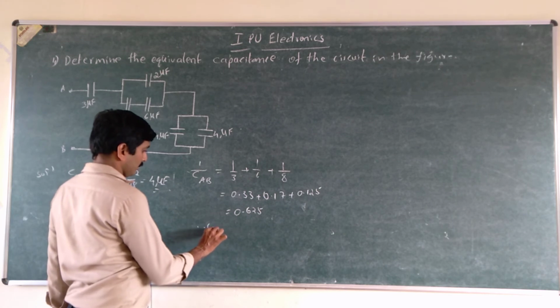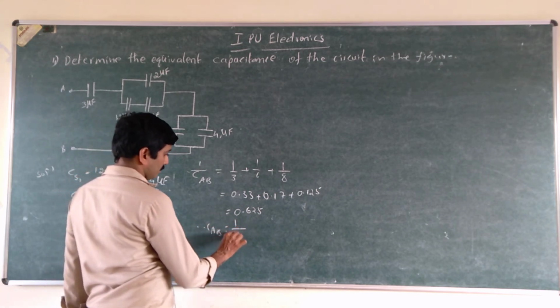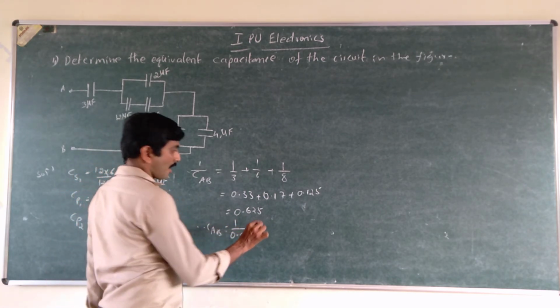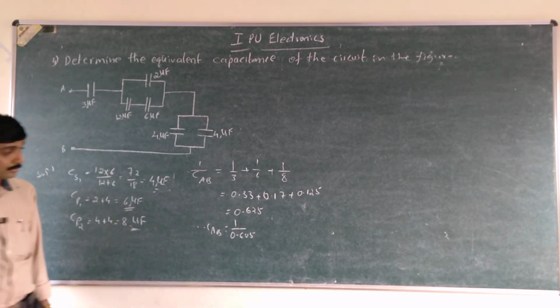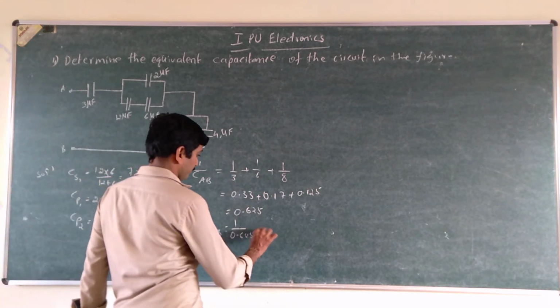Therefore, CAB is equal to 1 by 0.625, which is 1.6 microfarad.